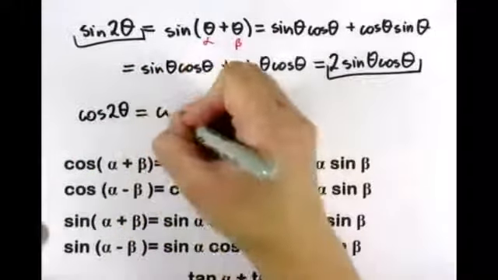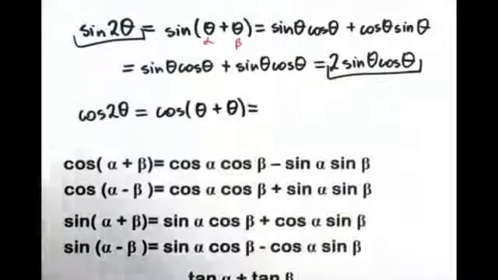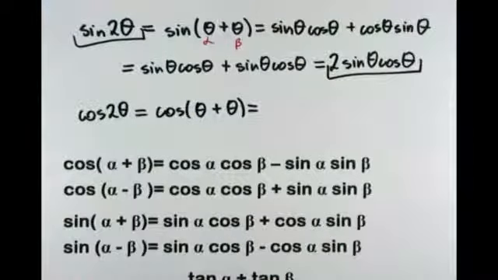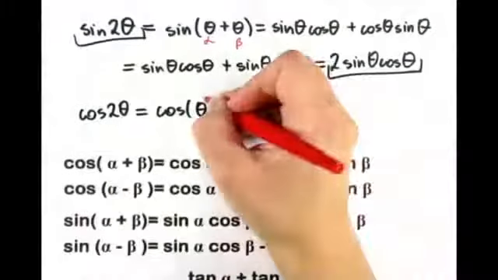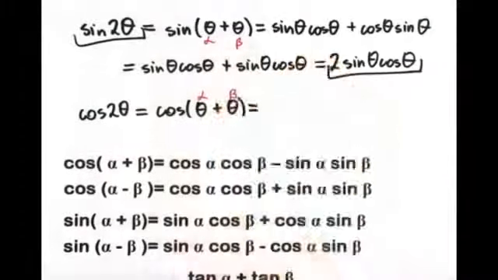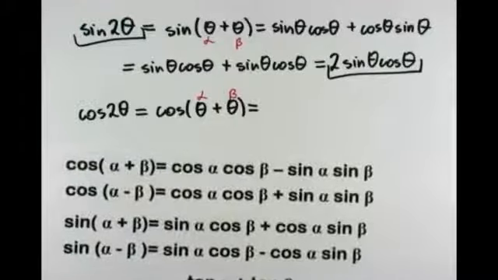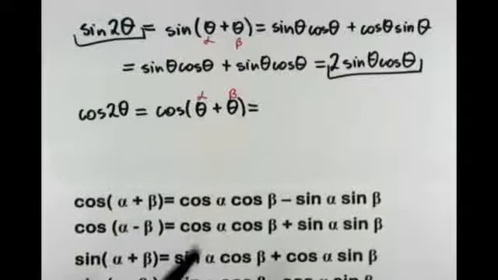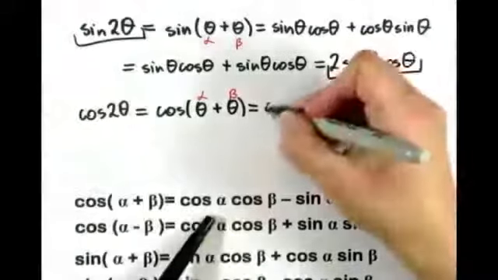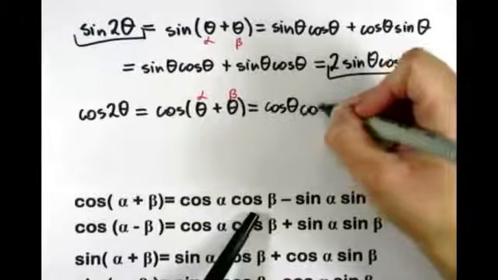We can consider cos theta plus theta. And then I can use the formula that we have here, cos alpha plus beta. The first would be my alpha, this would be my beta. So I'm gonna use the first formula. So I have cos alpha, which is cos theta, cos beta, my beta is theta.